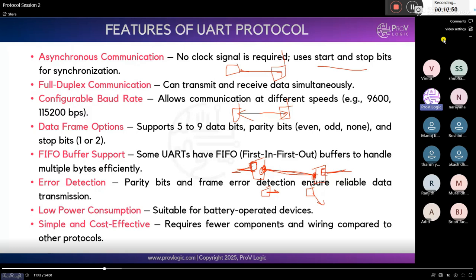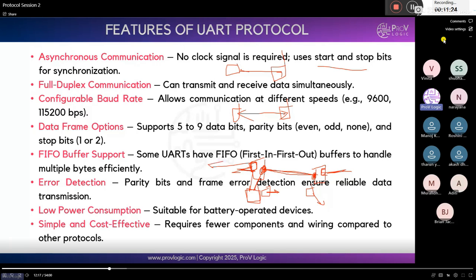Next, FIFO buffer support in the UART protocol. Not only in UART, in any protocol we use FIFOs. Suppose the processor has some data and it sends that data to the UART. From the processor to the UART, there will be a FIFO. Why? Because the processor works at a very high speed, but UART doesn't.